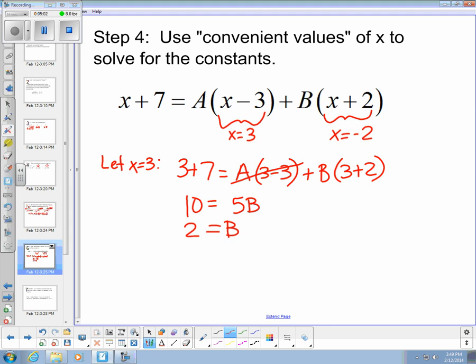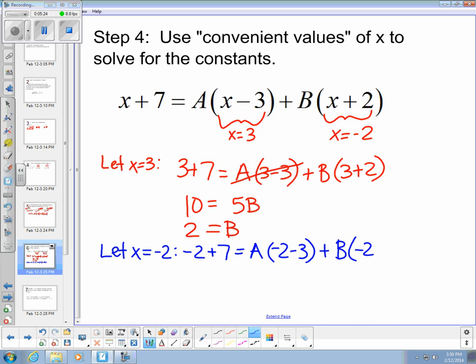So now I found out what B is, but I still need to know what A is. So let's use the other convenient value, which we said was negative 2. And I'm going to go back to my original equation, and everywhere there was an x, I'm going to put in negative 2. So negative 2 plus 7 equals A times negative 2 minus 3 plus B times negative 2 plus 2.